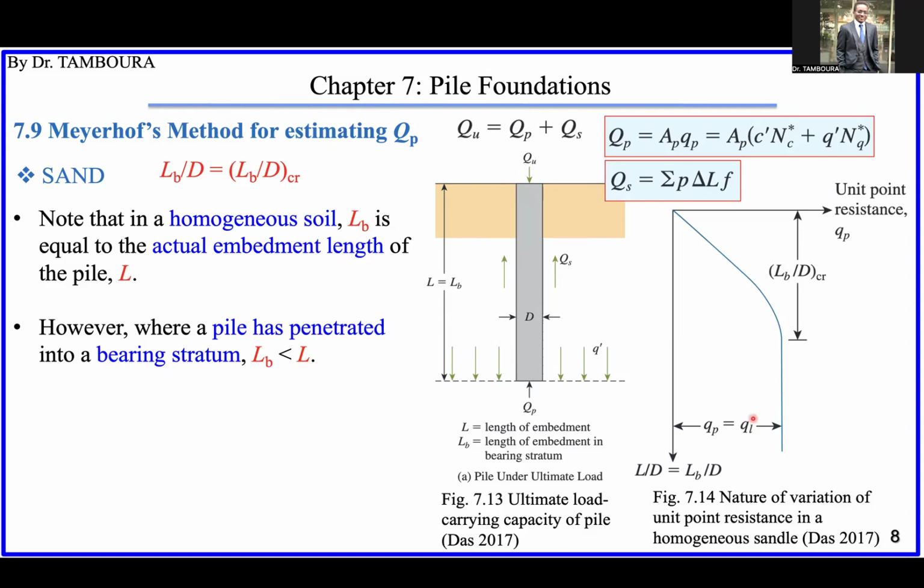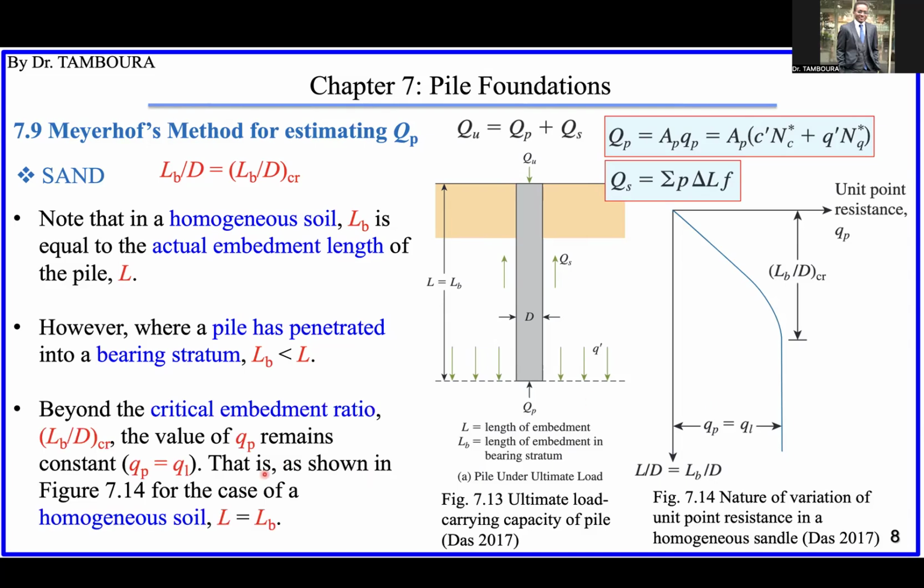No matter how deep you go, no matter how long your pile embedment is, there is a limit, Q limit. It doesn't increase forever like this line. No, it has a limit. So remember about this limit.